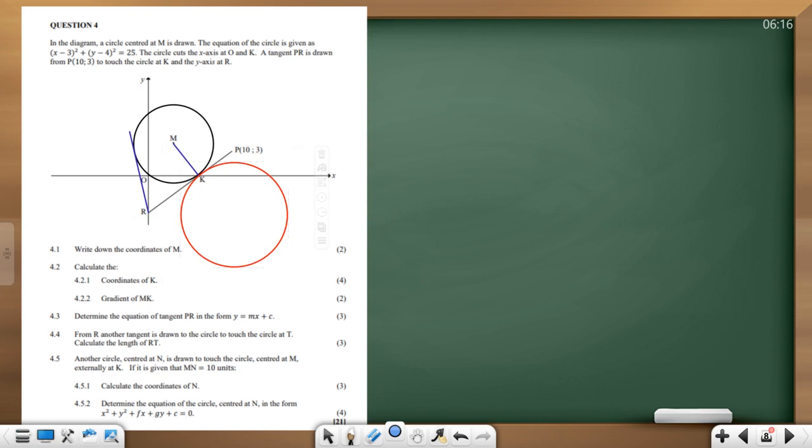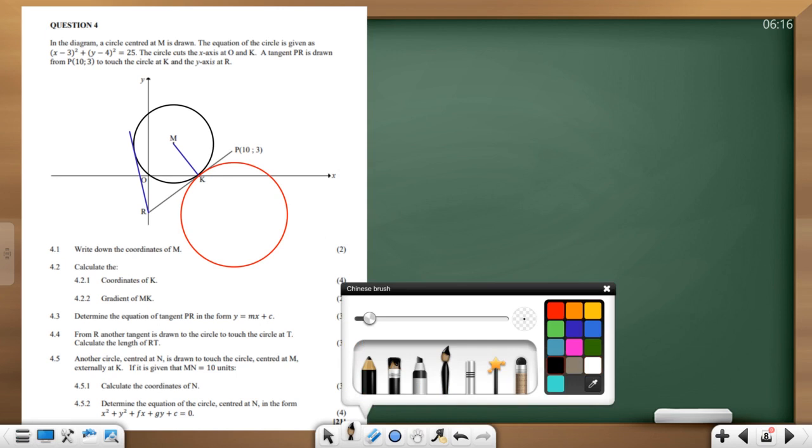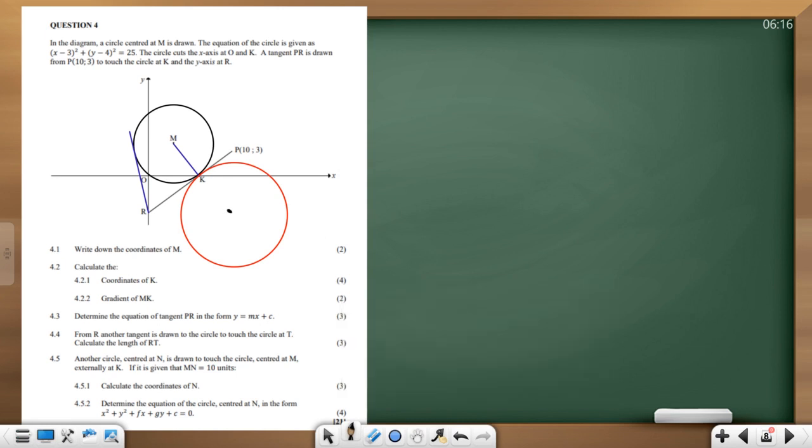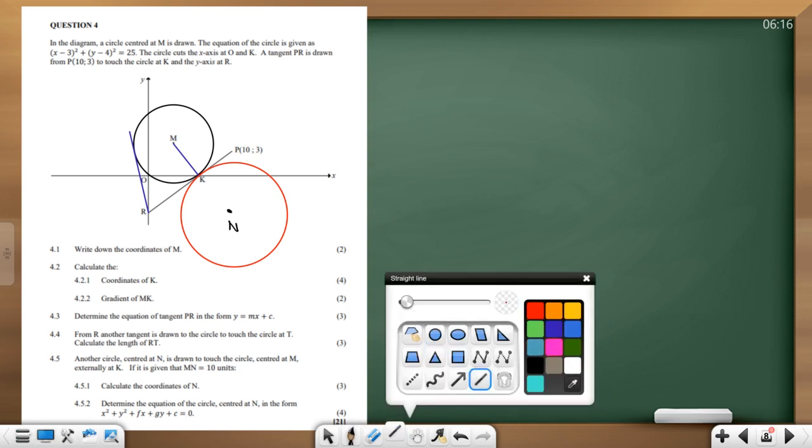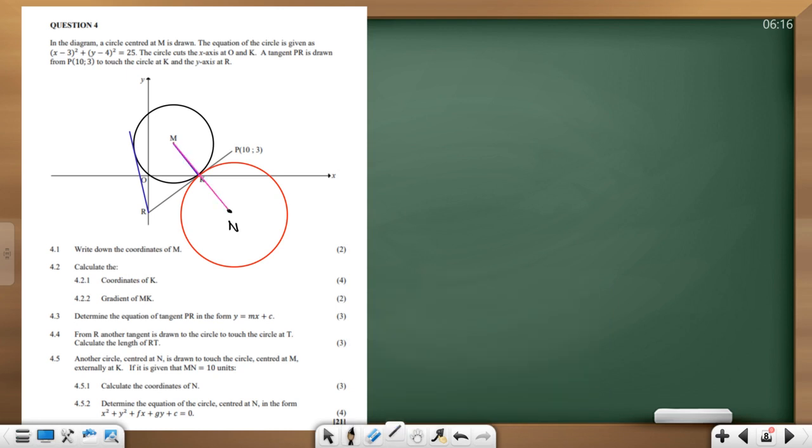It is given that MN is 10 units. Okay, hold on. MN. Okay, my circles are not drawn to scale because I'm just reading. We know that MN is 10. Beautiful. MN is 10 units. Calculate the coordinate of N. Ooh, we know nothing here. But hold on. What do we know about the first circle?